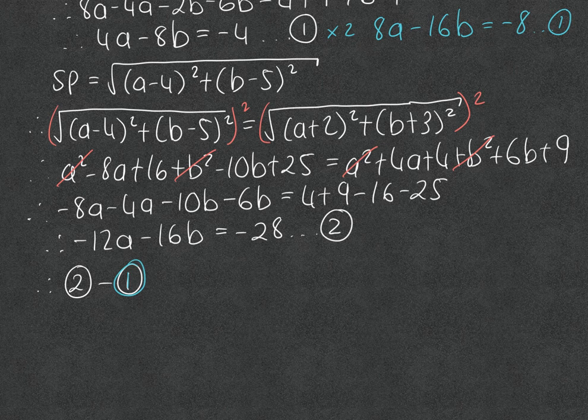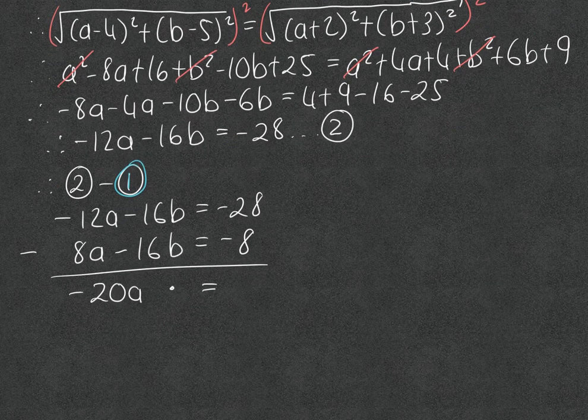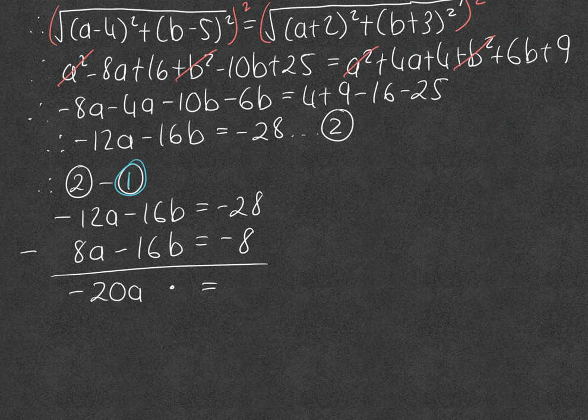So it's just column subtracting. Minus 12A minus 16B equals minus 28, minus 8A minus 16B equals minus 8. So minus 12A minus 8A is minus 20A. Minus 16B minus 16B cancels. And then minus 28 plus 8 is minus 20. Then you can just divide both sides by minus 20: A is equal to 1.